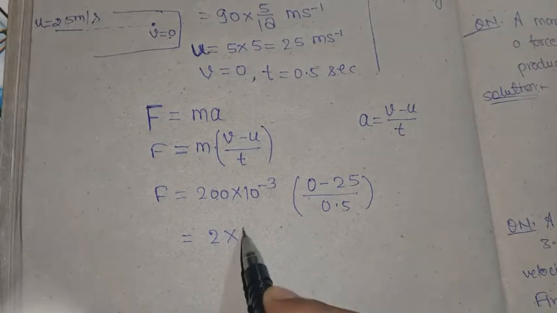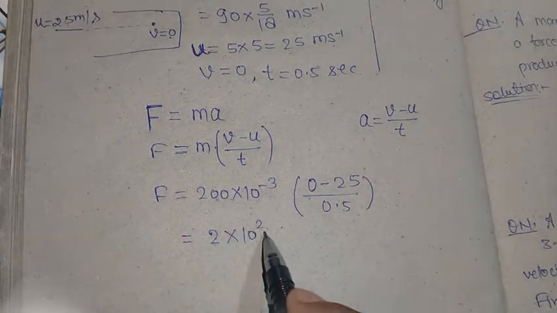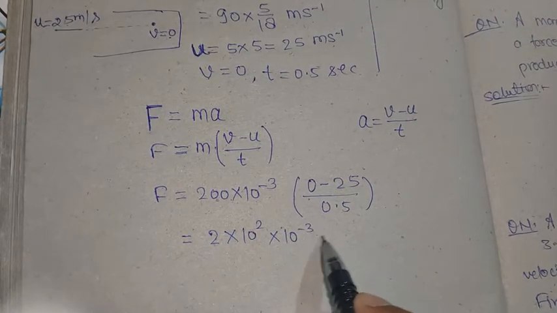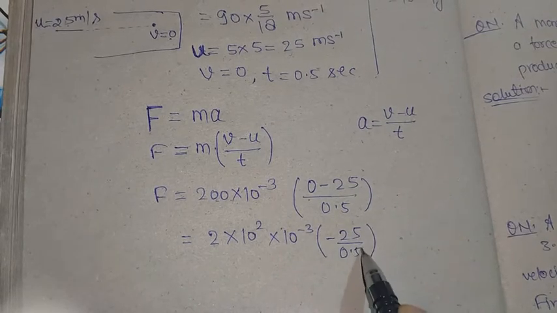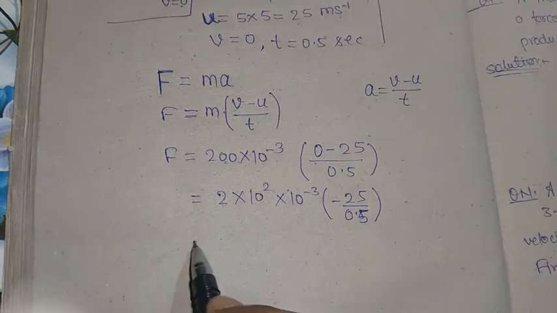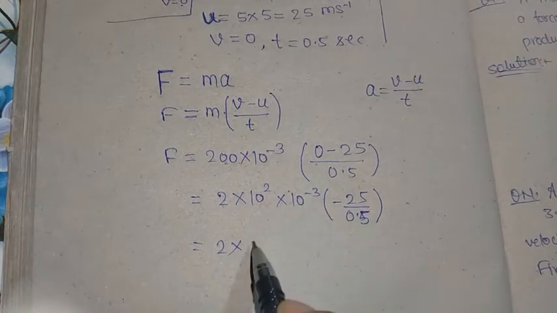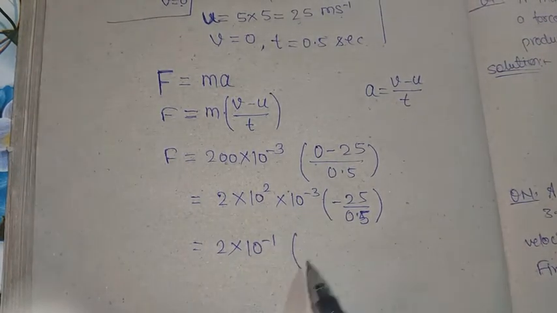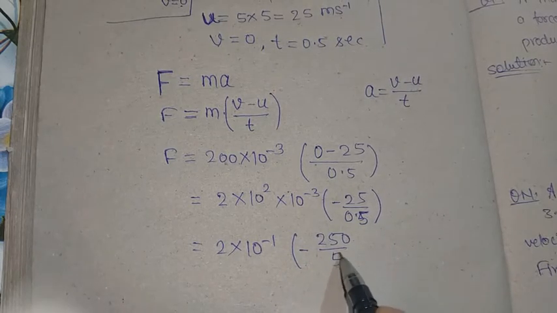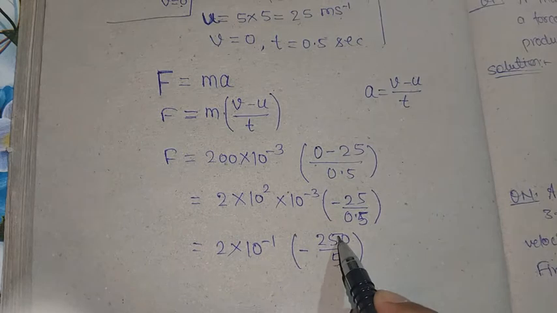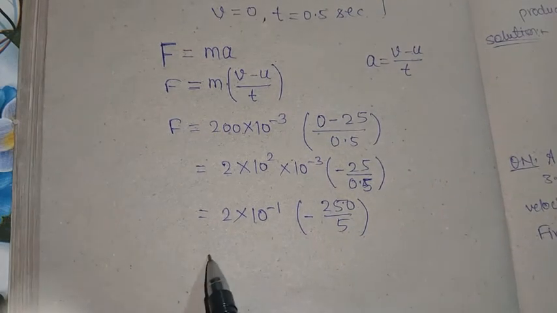This equals 200 into 10 power minus 3 into 0 minus 25 divided by 0.5. After solving, we have 2 into 10 power minus 1 into minus 250 upon 5, when multiplied by 10 in numerator and denominator.